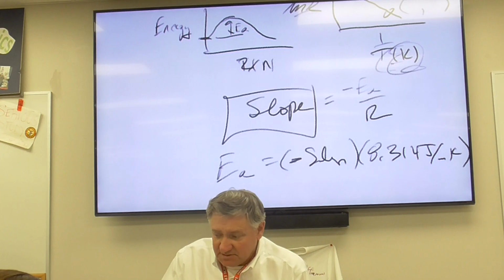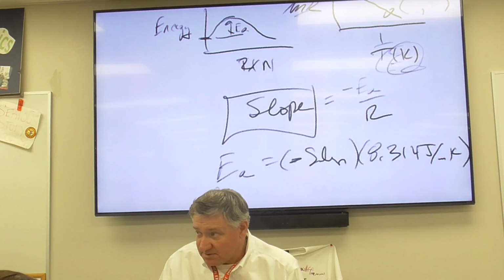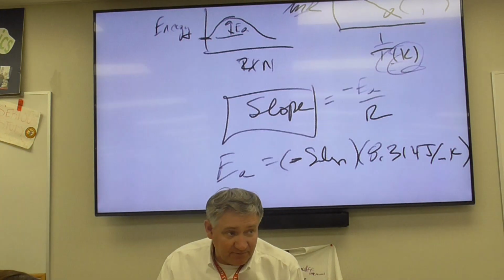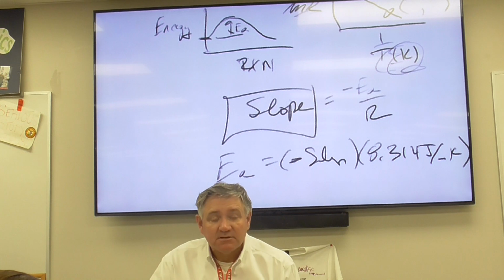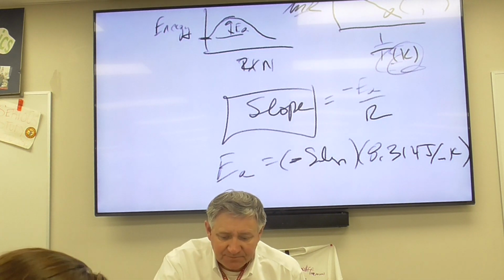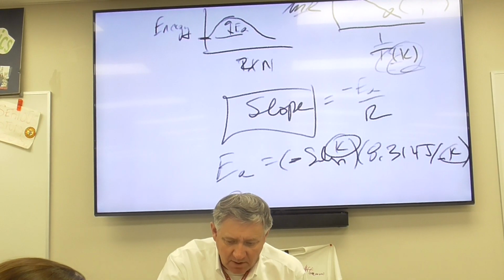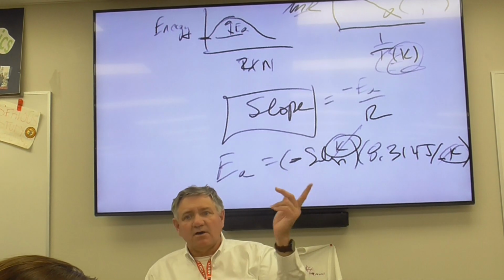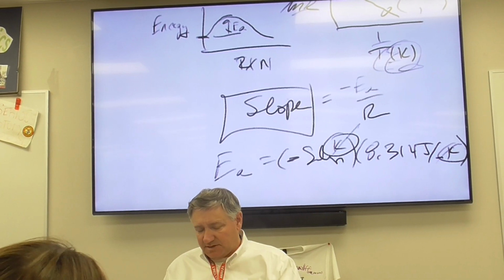Because kilojoules is completely different from joules, and liter atmospheres, which is another version of the gas law constant, is completely different from joules. You have to pay attention to the units. So here's where the magic happens. The slope is in Kelvin. You multiply by joules per mole Kelvin. The Kelvins cancel out. You're left with joules per mole. Voila, there's your activation energy.